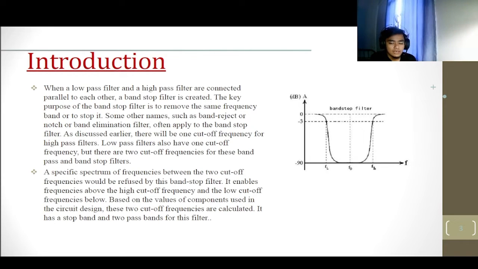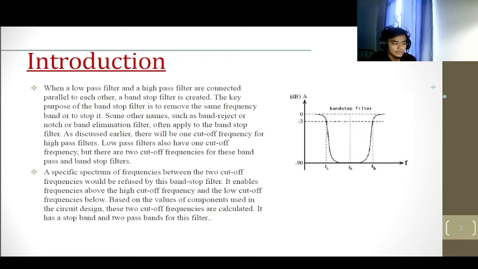There will be one cut-off frequency for a high pass filter. A low pass filter also has one cut-off frequency, but there are two cut-off frequencies for the band pass and band stop filter. A specific spectrum of frequency between the two cut-off frequencies would be refused by this band stop filter.